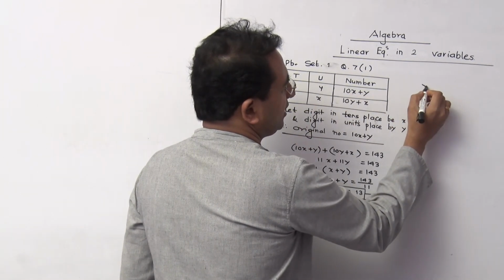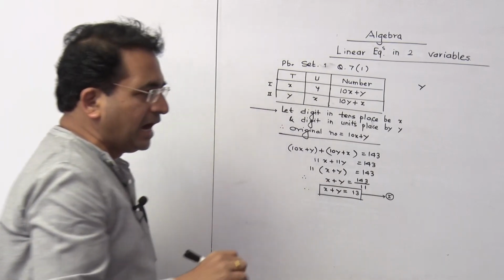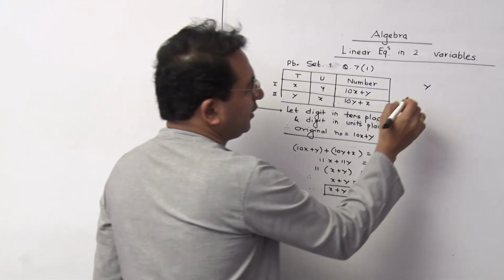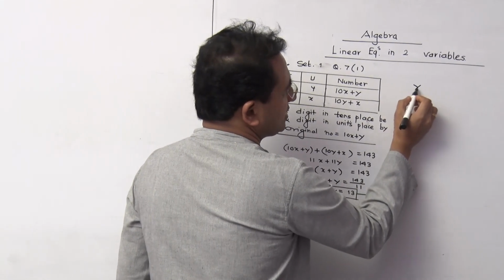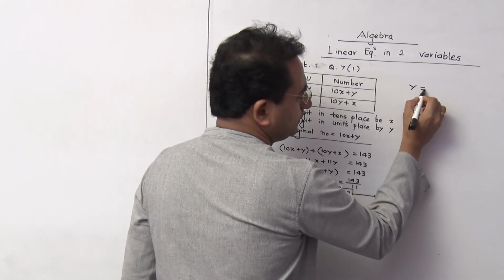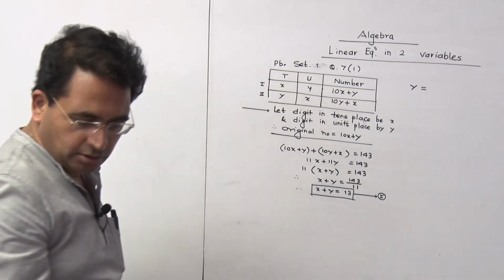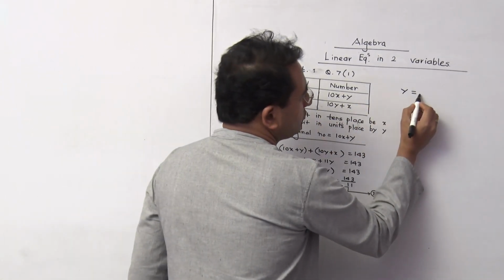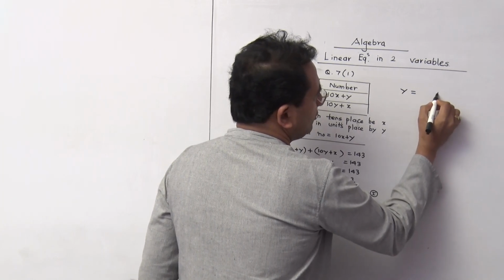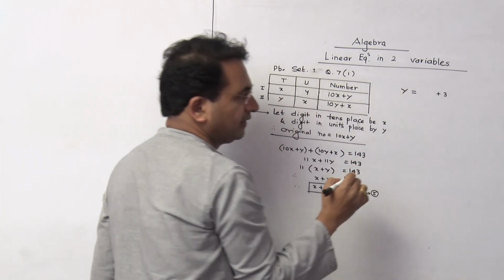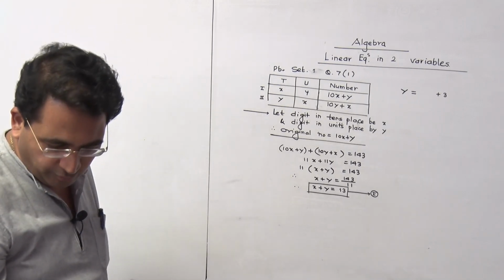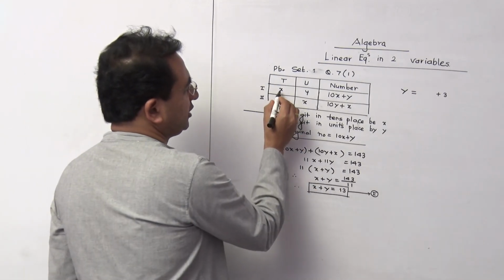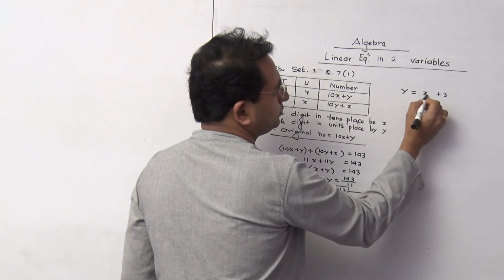Digit in the units place is y. After that, the word 'is' is coming. So we have to write digit in the units place is, equal to sign, then they are saying 3 more than the digit in the tens place. Digit in the tens place is x.